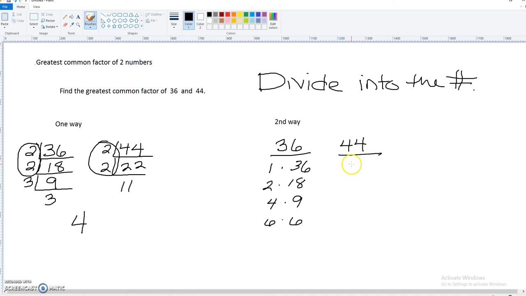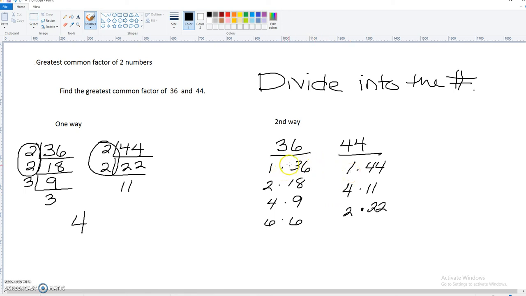With 44, we've got 1 times 44. We've got 4 times 11. And we've got 2 times 22. Okay, so we've listed all the factors for each number, each set of multiples.